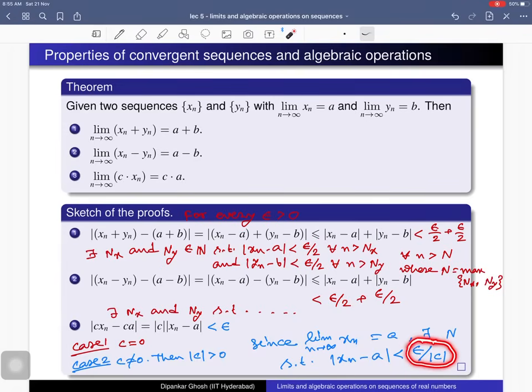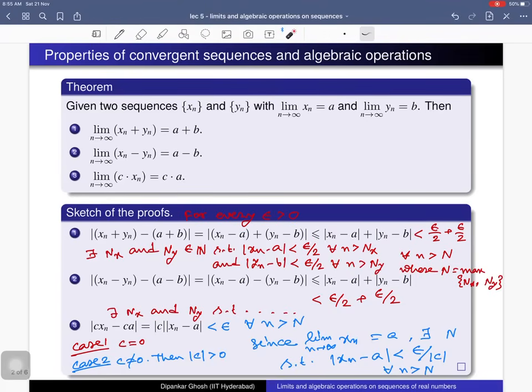So for this positive real number, since limit xn is a, there should be some natural number, let's say n, such that beyond that n, this distance is less than that prescribed quantity. So it is less than epsilon by the absolute value of c for all n greater than n, and therefore this distance is less than epsilon for all n greater than n.